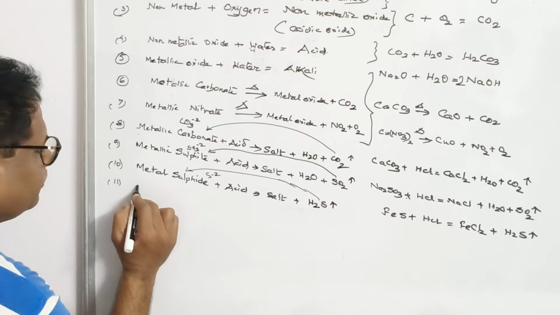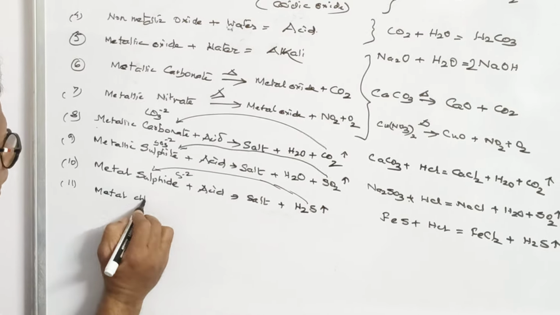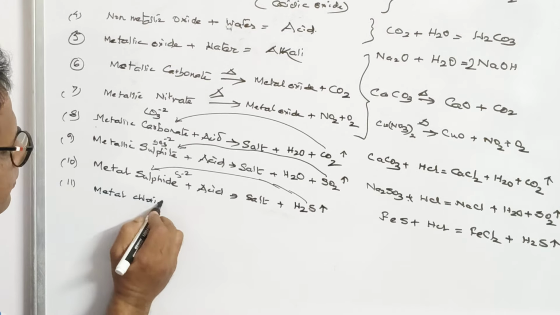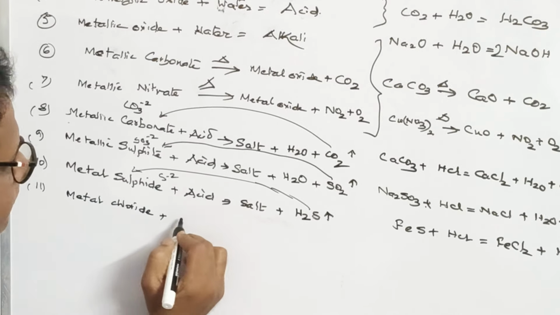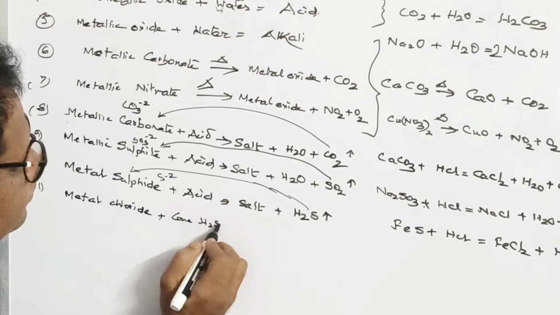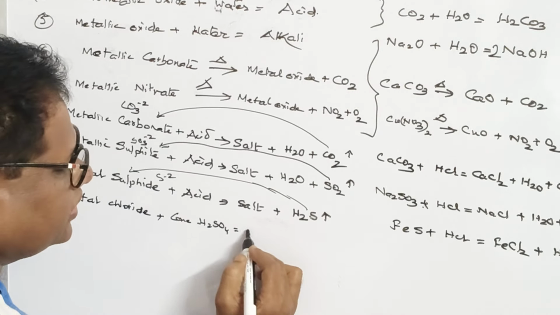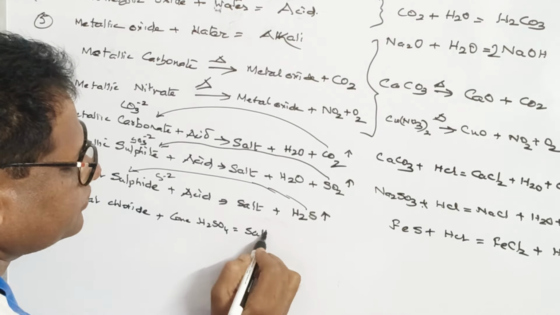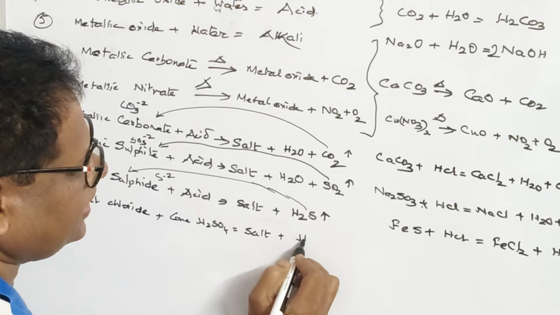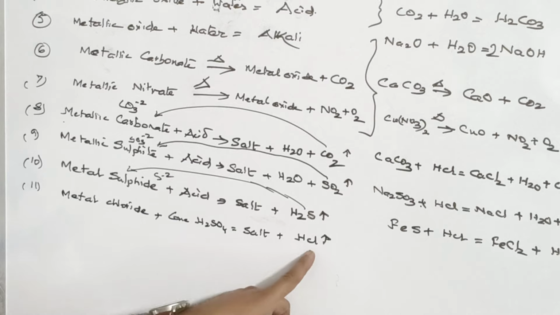Now, next rule we are discussing, you take any metal chloride, react it with concentrated H2SO4. Okay, this forms the salt plus HCl gas, right? You know what is the test for HCl gas?